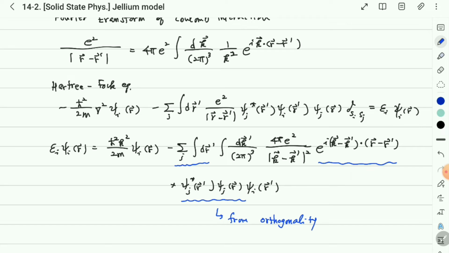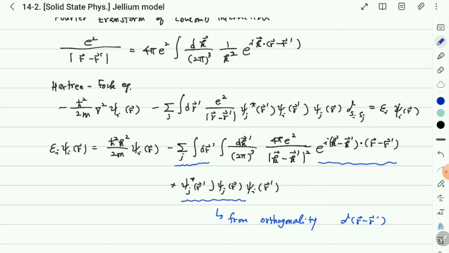The orthogonality says that this term equals zero and only survives at r equal to r prime, so this term is the Kronecker delta of r minus r prime.